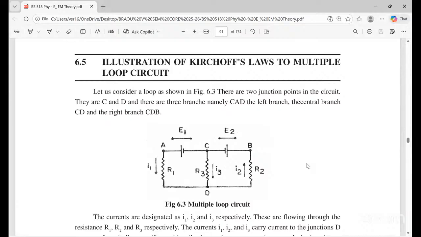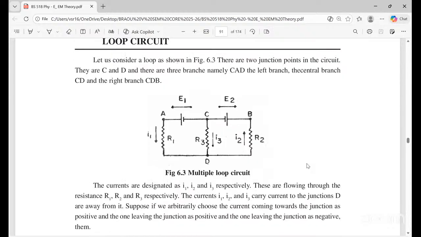So illustration of Kirchhoff laws to a multiple loop circuit. How many loops are there? Here two loops are there. This is the first, this is the second loop. Okay.